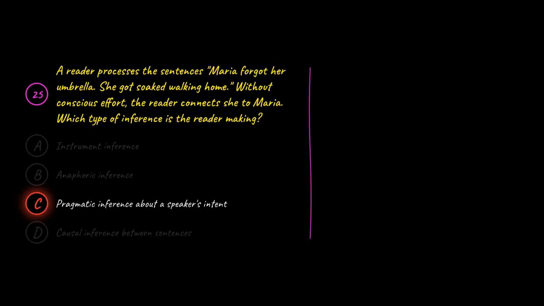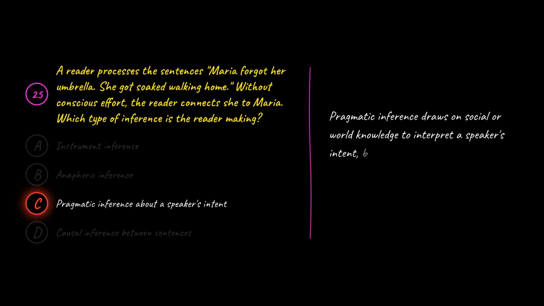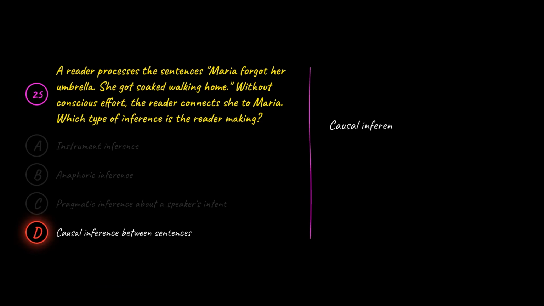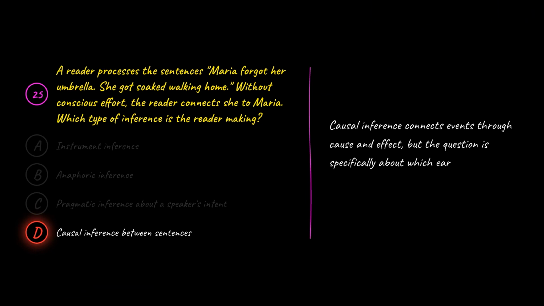C is wrong because pragmatic inference draws on social or world knowledge to interpret a speaker's intent, broader and more context-dependent than simple coreference. D is wrong because causal inference connects events through cause and effect, but the question is specifically about which earlier referent the pronoun she points to.